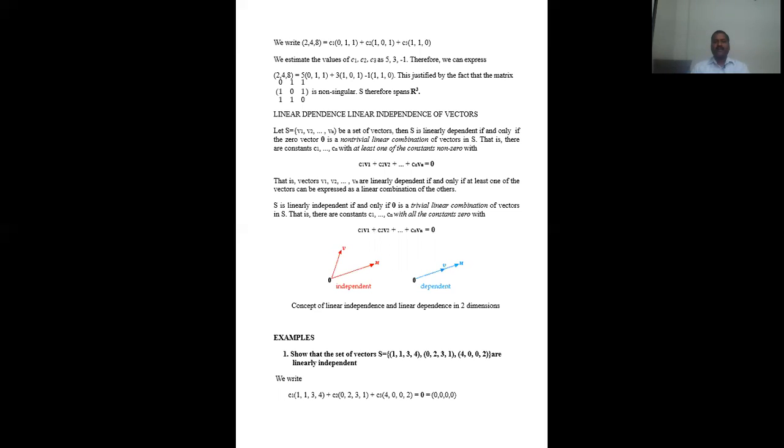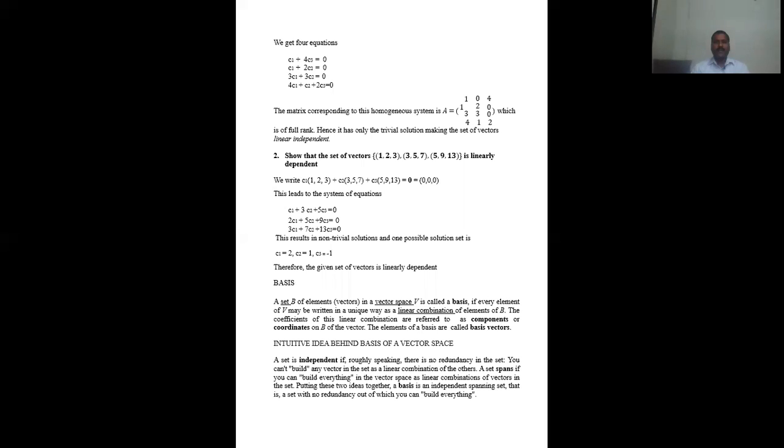Now, let's see whether these vectors, namely 1, 1, 3, 4, 0, 2, 3, 1, and 4, 0, 0, 0, 2, are linearly independent or not. So what I do is, I take some linear combination, C1 times that plus C2 times that, and I make the linear combination 0. Now the issue is somehow I need to find these four constants.